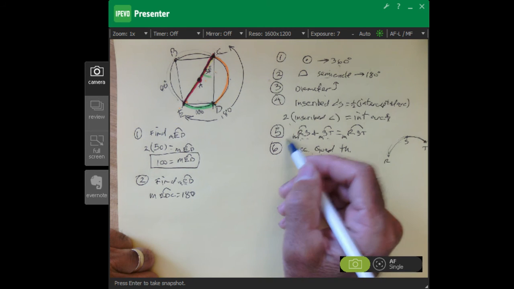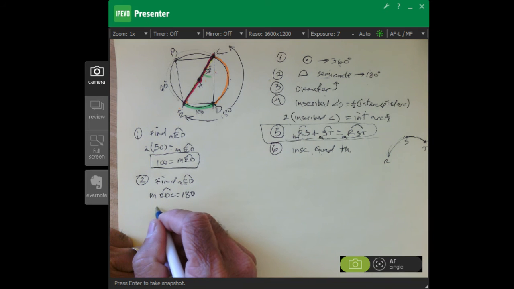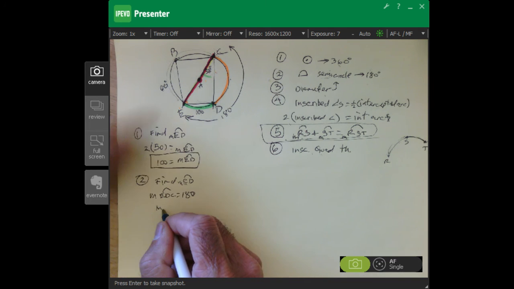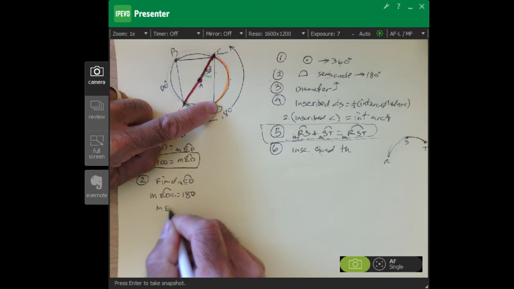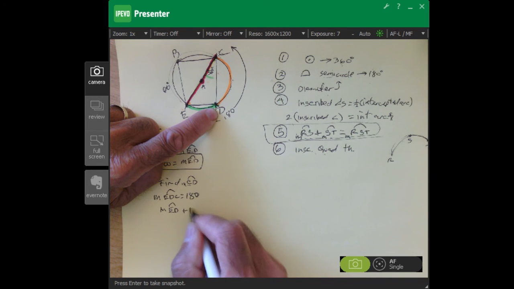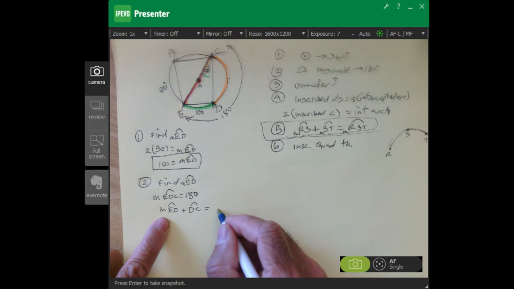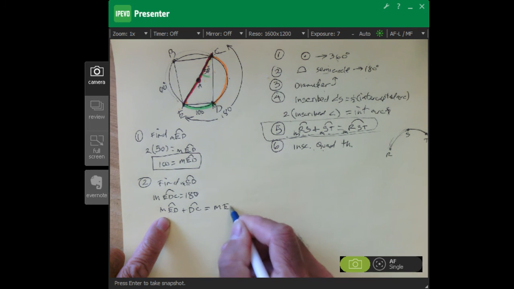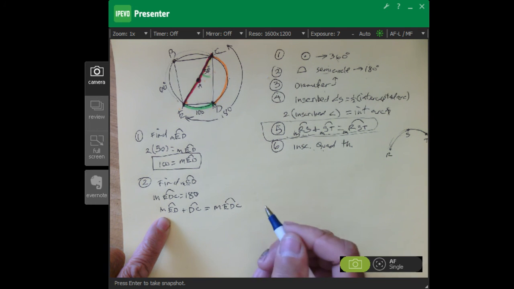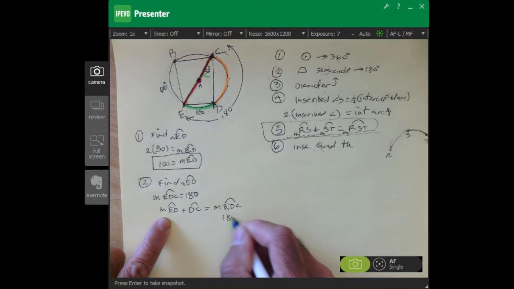So the point is, if we know this is true, can we use it? The measure of ED, then it leaves off here, plus DC. What's that going to give us? The measure of EDC, right? Well, what's the measure of EDC? 180.